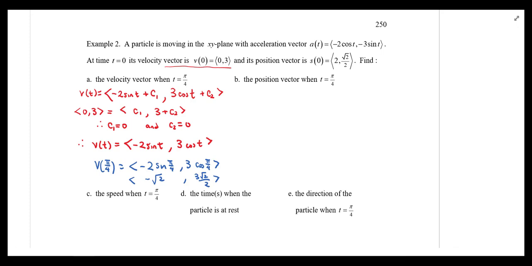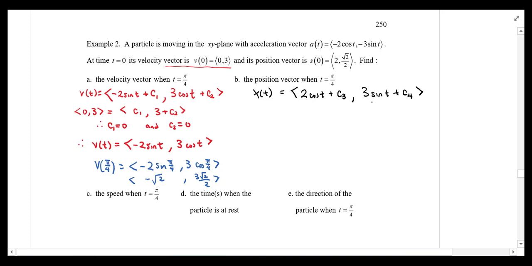Looking at the position vector, that's x of t, so I better do that. The antiderivative here is 2 cosine of t plus, and I'm going to go c sub 3 as a separate constant. And then the antiderivative of 3 cos t is just 3 sine t. And once again, c sub 4. I've got an initial condition here that I can use, 2 and root 2 over 2.